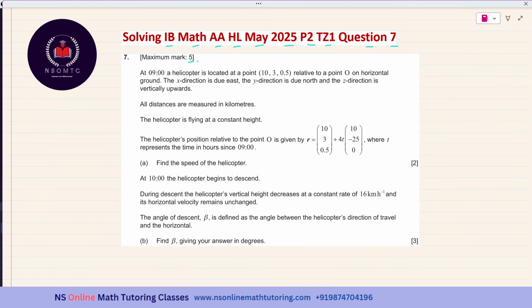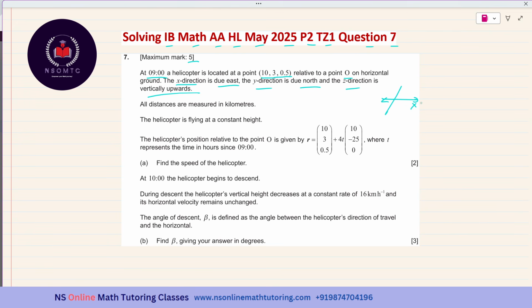The maximum mark is 5. At 9 a.m., a helicopter is located at a point (10, 3, 0.5) relative to a point O on the horizontal ground. The x direction is due east, the y direction is due north, and the z direction is vertically upward. So something like this.